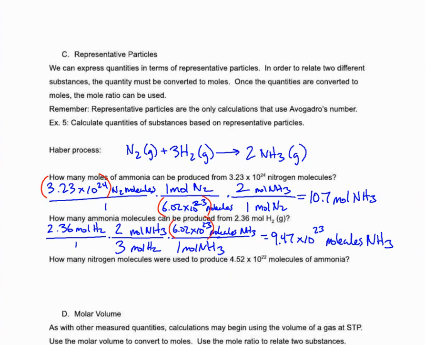How many nitrogen molecules were used to produce 4.52 times 10 to the 22nd molecules of ammonia? We will start with our given value. Convert it to moles.